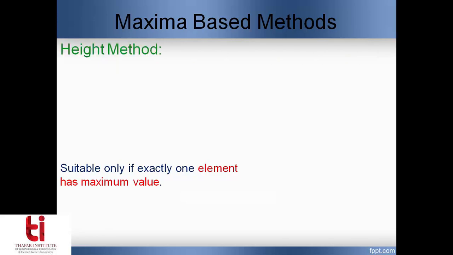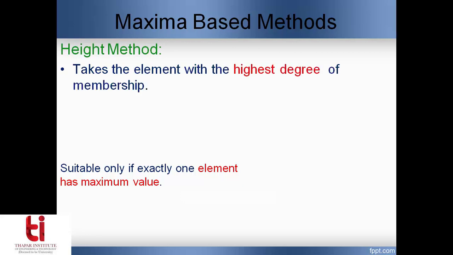Let's start with the height method. The height method takes the element with the highest degree of membership in my aggregated output set, and this is suitable only if exactly one element has the maximum value.